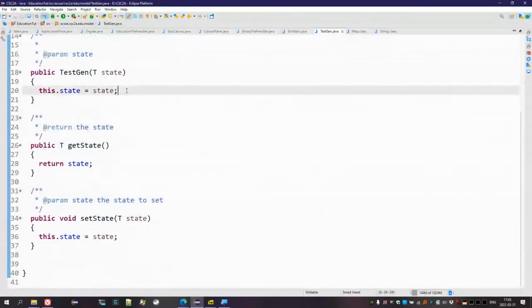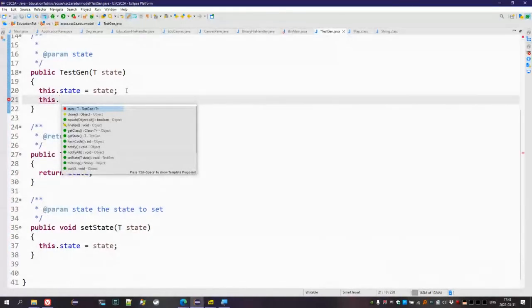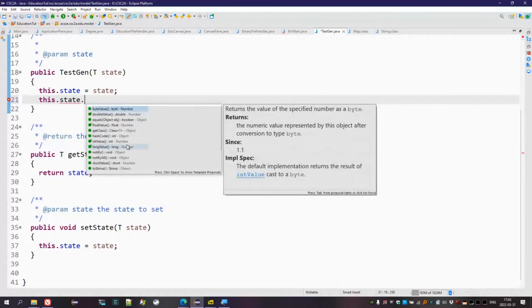So say, for example, here, we can do something like this dot, and if we zoom in, okay, this dot state, that's what we want to have a look at. And we can see here, we can get methods that are available in the number class. Because we put a restriction on t, t has to be something that extends number.